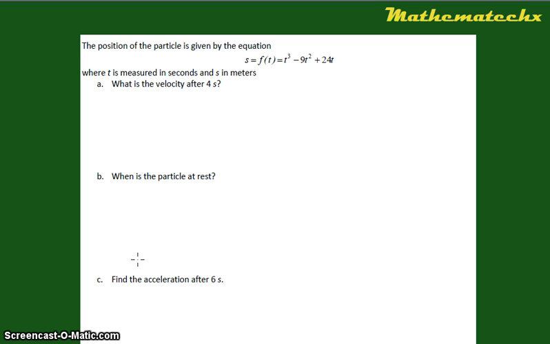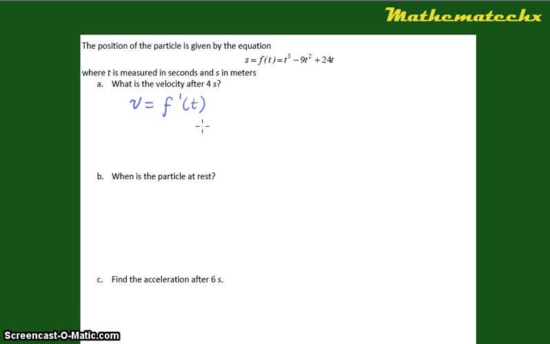So, in order for you to answer these questions, you have to know the relationship of the velocity, the distance, and the acceleration in terms of differentiation or derivative. Basically, the velocity is just the derivative of the position function. So we can note v equals f prime of t.